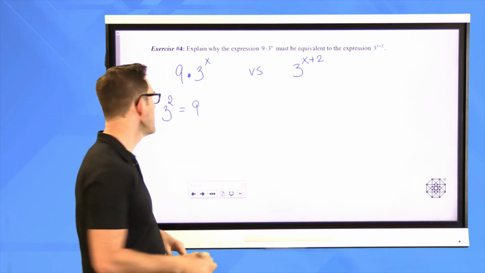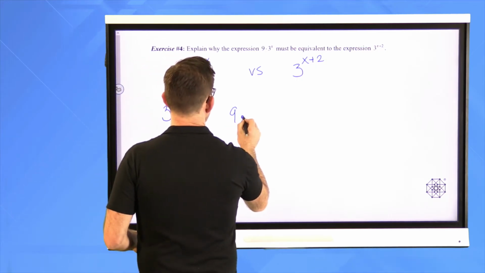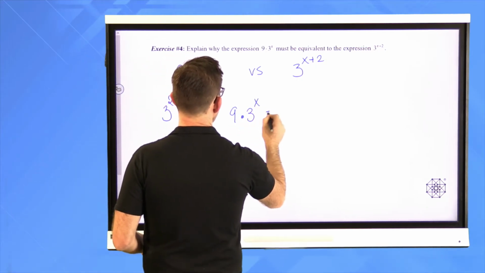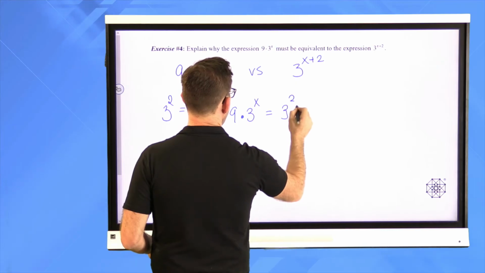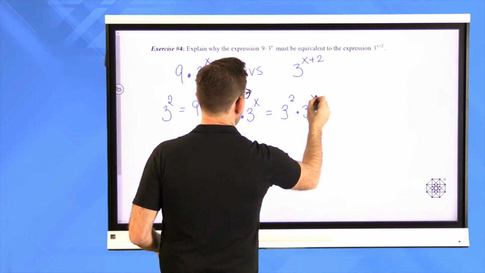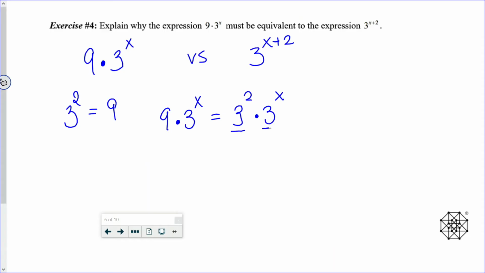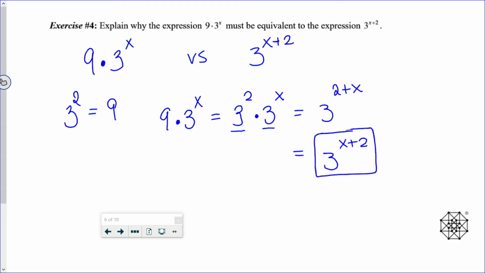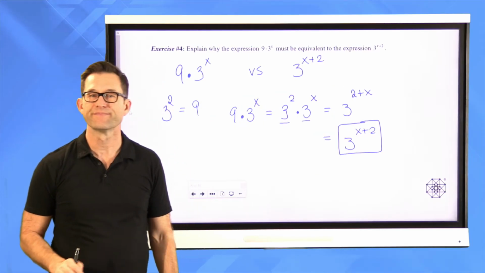So I could take 9 times 3 to the x and rewrite it as 3 squared times 3 to the x, and now they have the same base. And because they have the same base, I can add the exponents, and now because of the commutative property of addition, I can change that 3 to the 2 plus x into a 3 to the x plus 2. That's it.